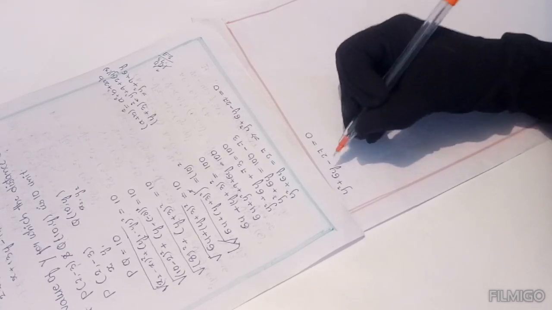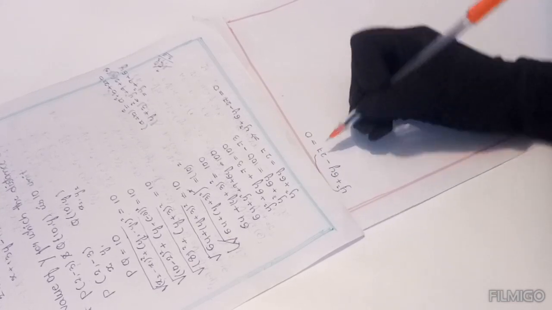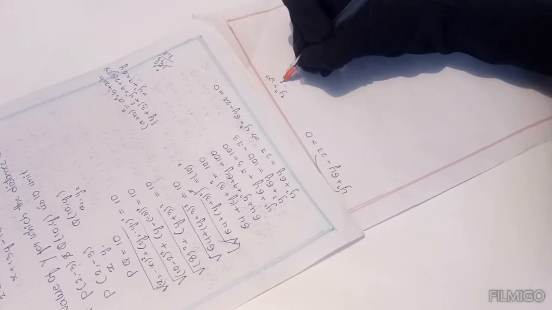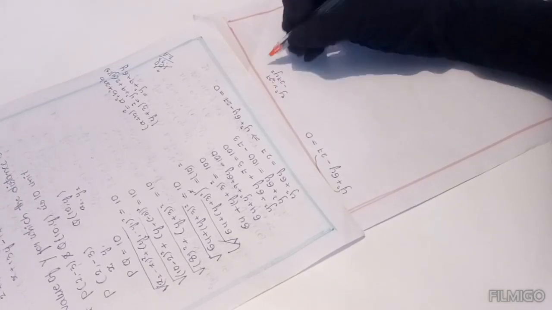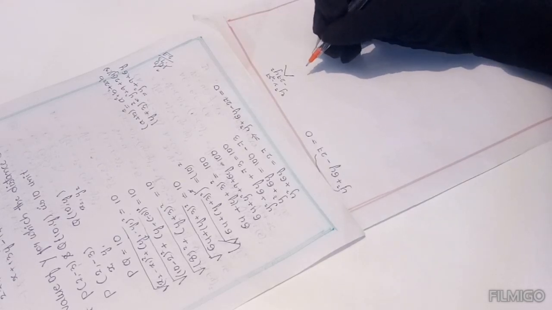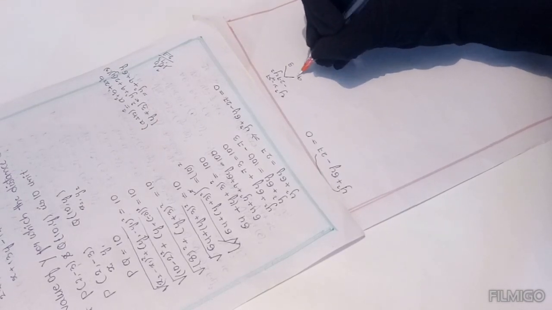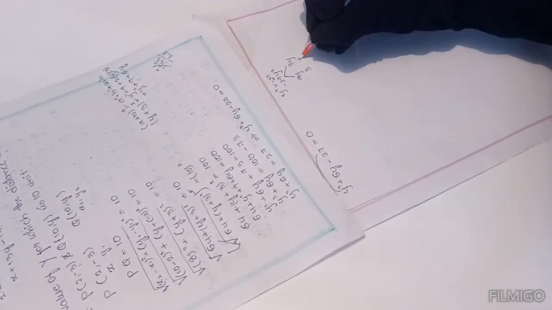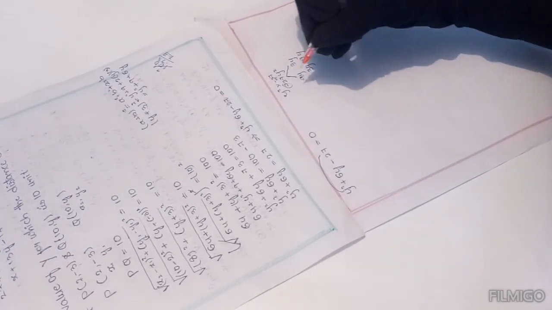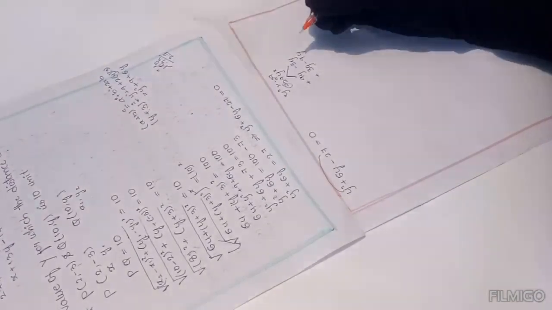If we do factorization, first we have to multiply the highest order term with the constant: y squared into minus 27 is equal to minus 27 y squared. The factors of minus 27 y squared are 9 and 3, or 3 and 9, and the minus sign is obtained as plus minus or minus plus.